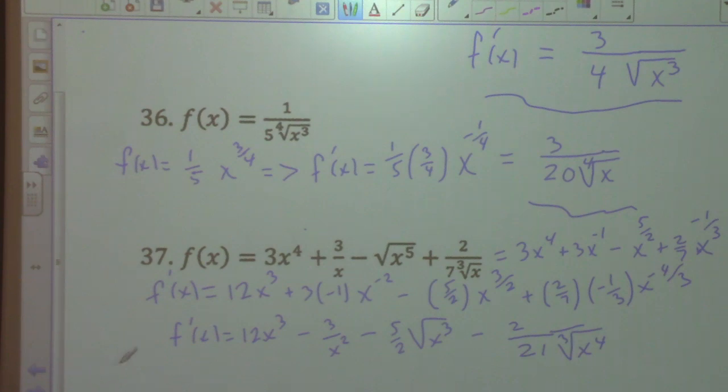Looks like it. Because here it is, it's like 2 over 21, so I think that's right. And to me, the two main things are being able to go between rational and radical expressions, and also the power rule of differentiation. So really that's it.